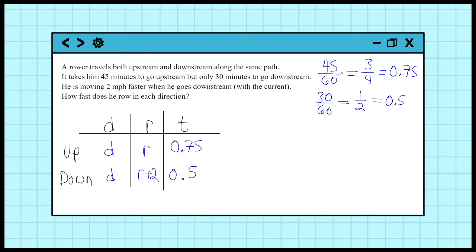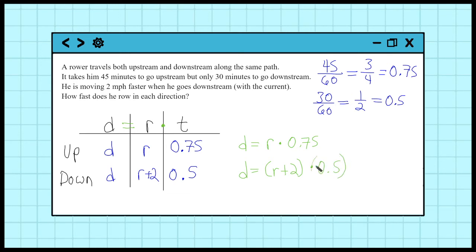So what we're going to do here is remember that distance is equal to rate times time. So my upstream equation is that distance is equal to R times 0.75. And my downstream equation is that distance equals R plus 2 times 0.5.